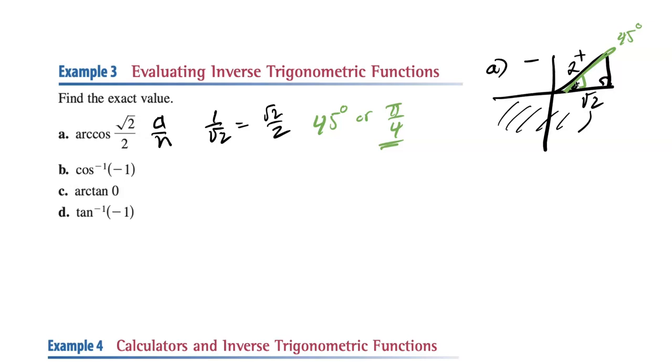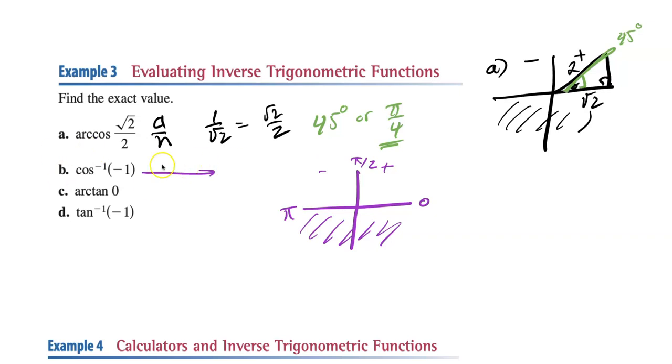B, cosine inverse of -1. Oh, that's a little tougher. So we have 0, pi over 2, and pi, again plus minus. Now, keep in mind, if it's 1 or -1, you're not going to get that from a triangle. 1, 0, or -1 for sine or cosine is on the unit circle.